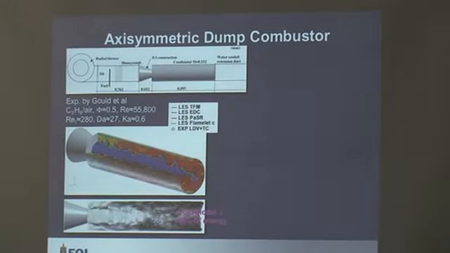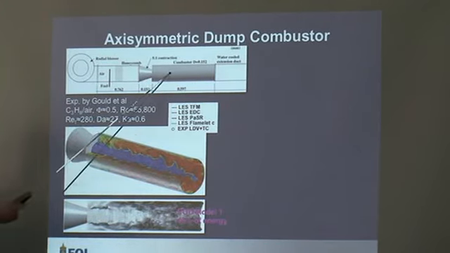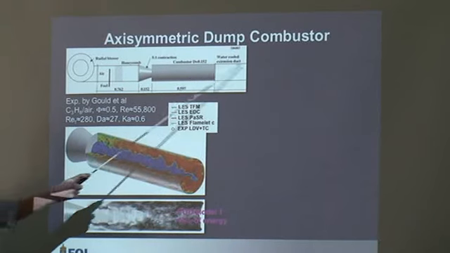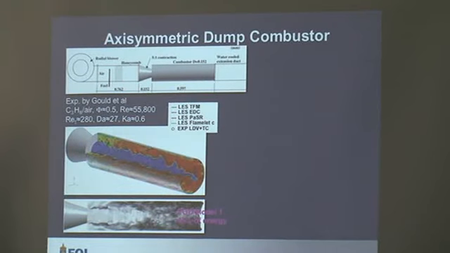The next case is an axisymmetric dump combustor that was studied by Gold and friends. This is the device. You have the combustor, you have a contraction, you have a blower here, and you have fuel that is added to the air. Now we're talking about methane. Then you have some kind of extension duct, which is water cooled.